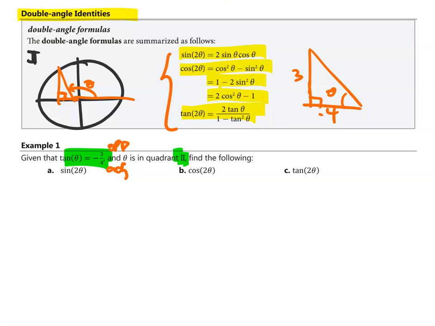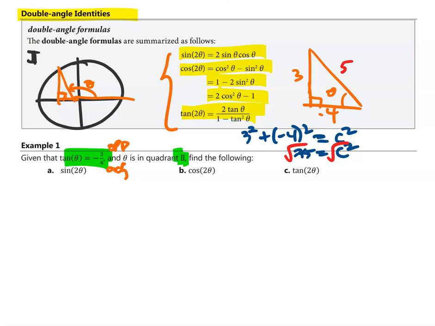Using the Pythagorean theorem to solve for the missing side, the hypotenuse: 3 squared plus negative 4 squared is equal to c squared. So 3 squared plus negative 4 squared is 25, and square root both sides, so this is equal to 5. So the hypotenuse is 5.